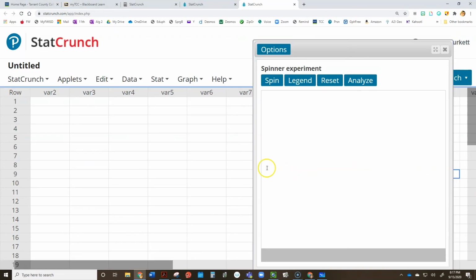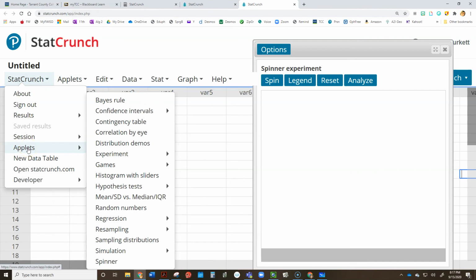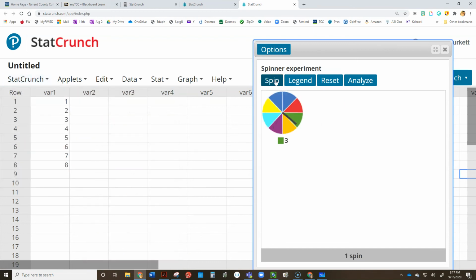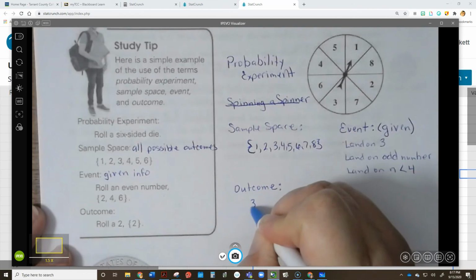I found a spinner on StatCrunch. All I had to do was put the numbers 1 through 8 in a list. I chose an applet, and then I went to spinner. So I chose that, and there's a spinner. The first time I spun it, it landed on 3. So in this case, my outcome was a 3.